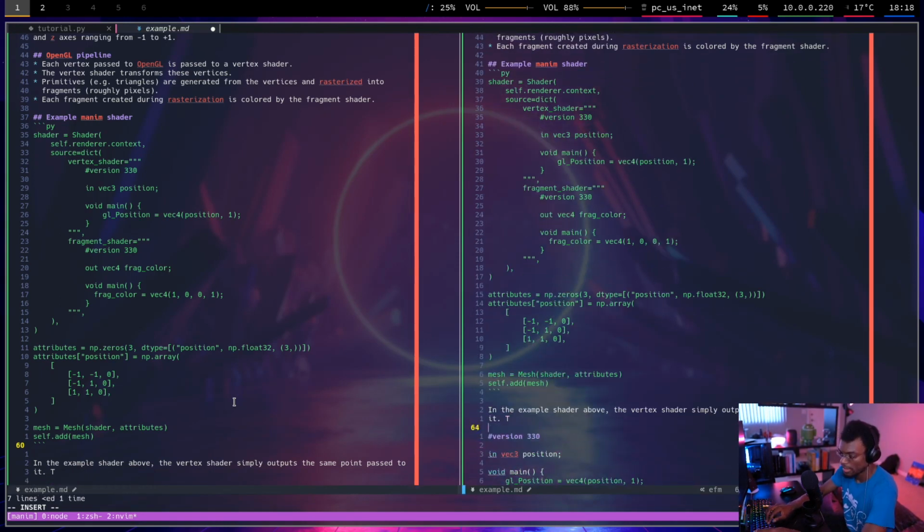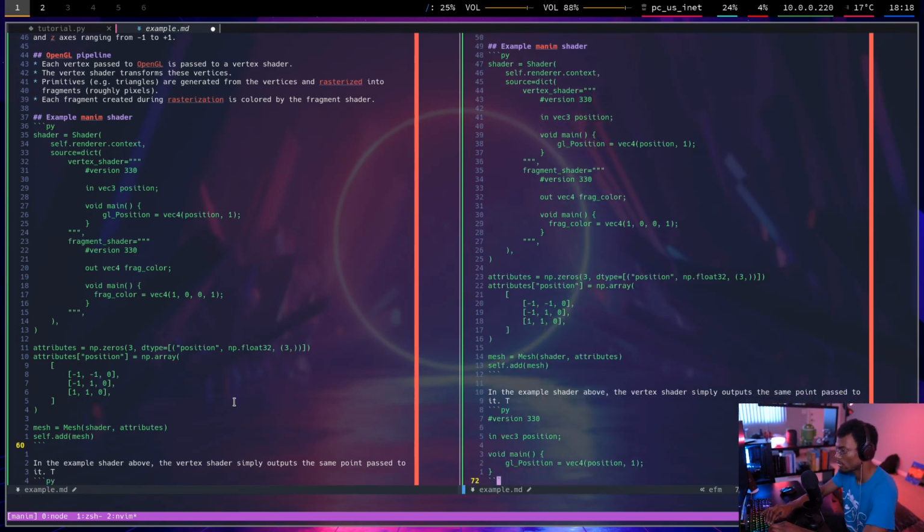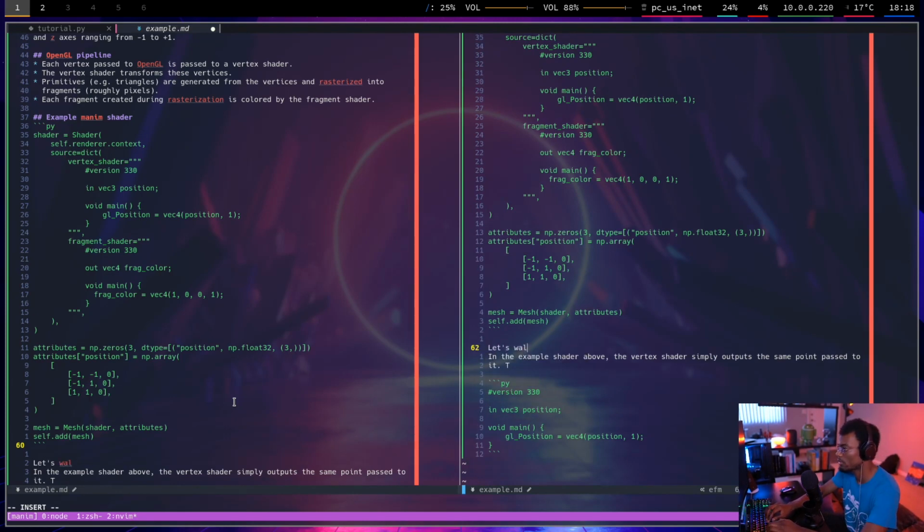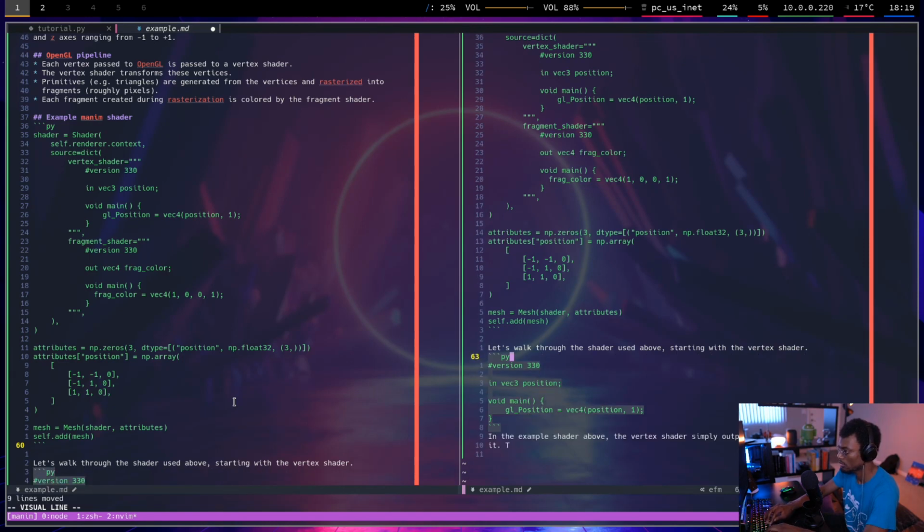There's probably a way to label parts of code in Markdown, maybe, but I don't know for sure. So I'll say, let's walk through the shader used above, starting with the vertex shader. Okay, here's the vertex shader. Then I can just write out this vertex shader simply outputs the same point passed to it.